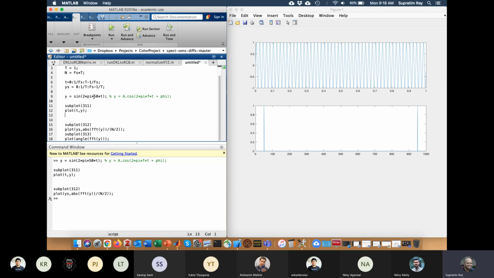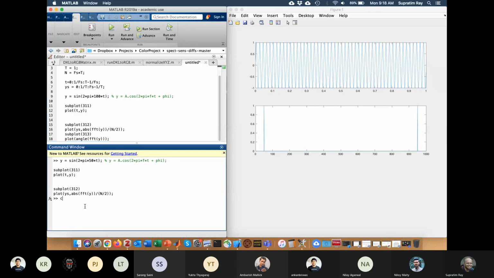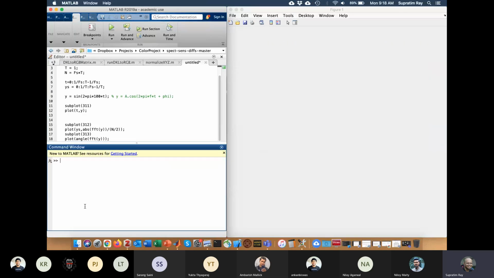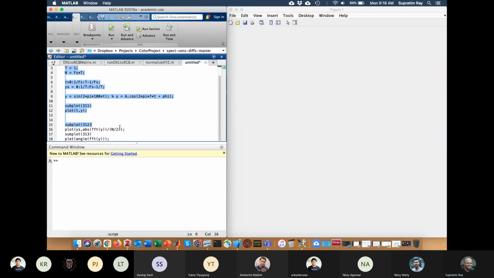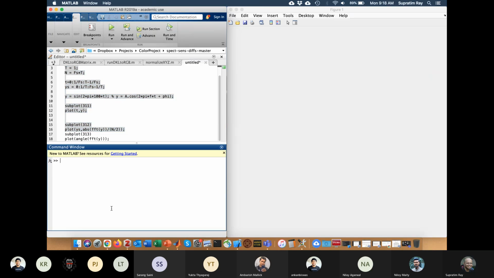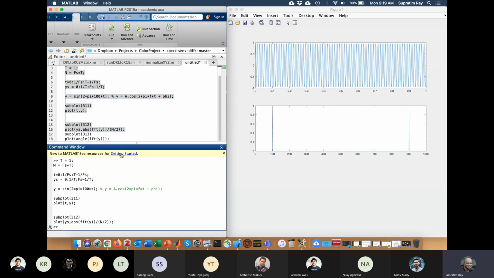Okay, now what if I make it 100? So notice that even though the amplitude here appears to be less now because the envelope function is a little bit less, and that is because each cycle only has a few samples.